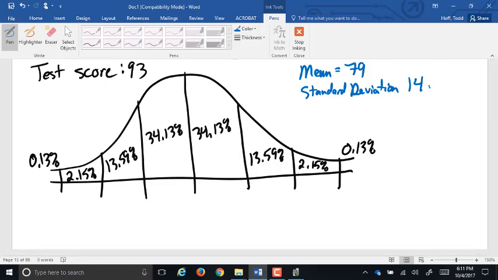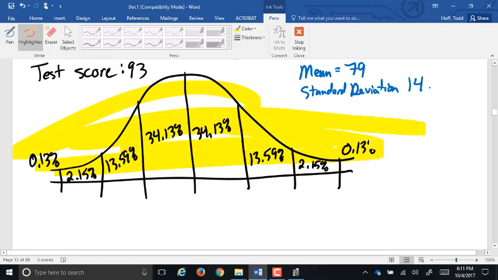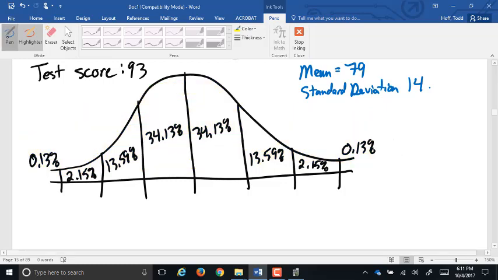So what I've put up here so far, the bell curve and all these percents, this part is a constant. It never changes. What changes is what I'm about to put on here from the mean and standard deviation. What number is going to go in the center of this curve?